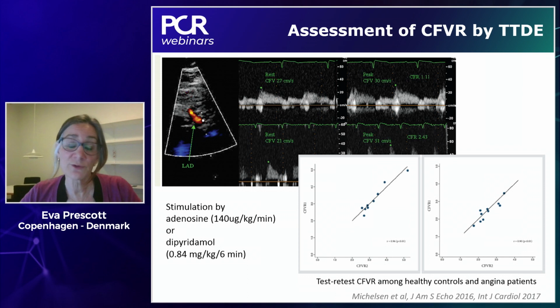And we've tried to validate this both in healthy young subjects and also in angina patients with risk factors, diabetes, obesity, and so on. We found that when we invite people back within a few days or a week, we're able to reproduce the test quite well.